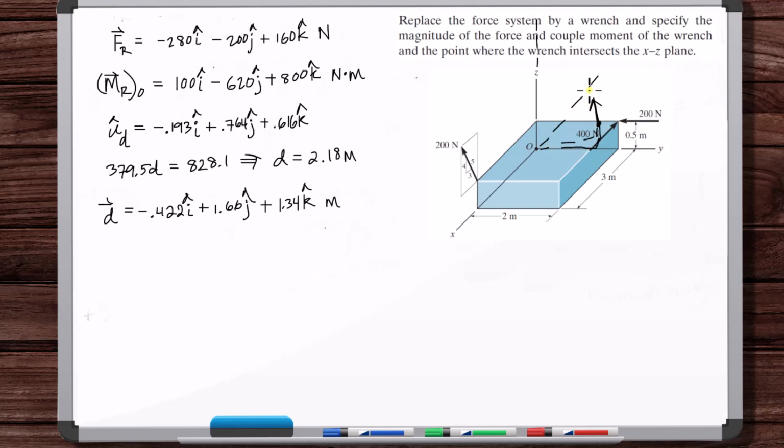So there's the wrench, but they want to know the line of action of the wrench. Where does it intersect the XZ plane? At what X coordinate and Z coordinate does it intersect the XZ plane? That's what they're asking.